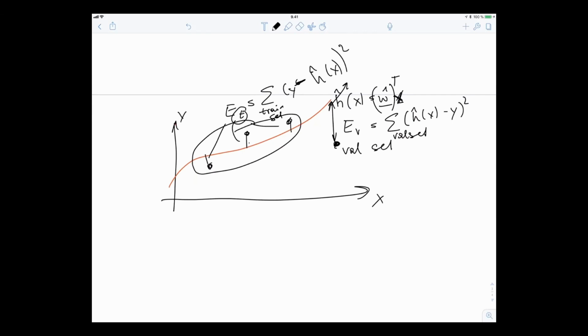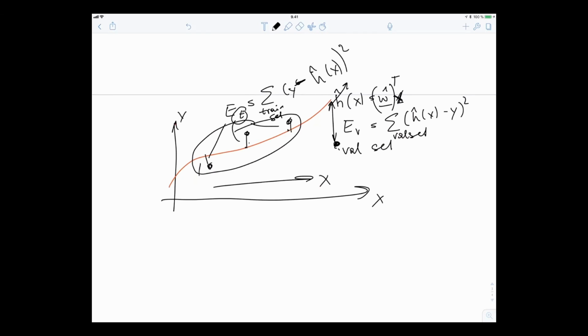So here, 1, 2, 3, and the last one for the validation set. So I now use the order given by the feature values. How should you split into training and validation set? Randomly, yes, as randomly as possible.